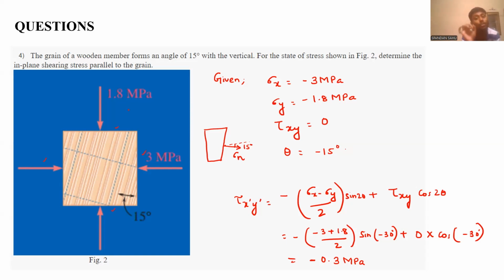That means the principal stresses are 3 and 1.8 MPa respectively. So they have provided you the principal stresses, but they want you to calculate the stress component at a certain plane, which is when the element is rotated 15 degree clockwise with respect to this orientation or this configuration.